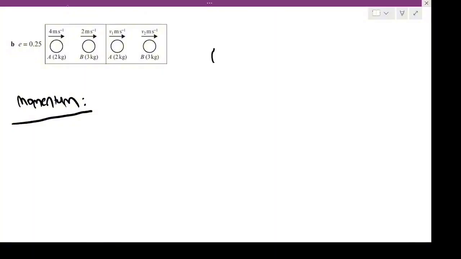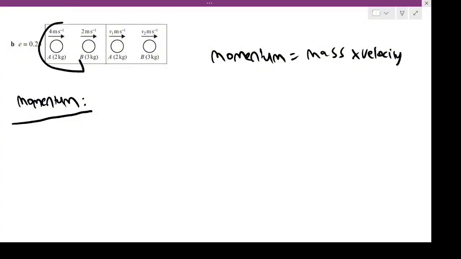Remember momentum is mass times velocity, and so we need to calculate all the individual momentums. Firstly, the momentum of A before is the mass, which is 2, times the speed 4. Then we add on the momentum of B, which is mass 3 times the velocity 2.